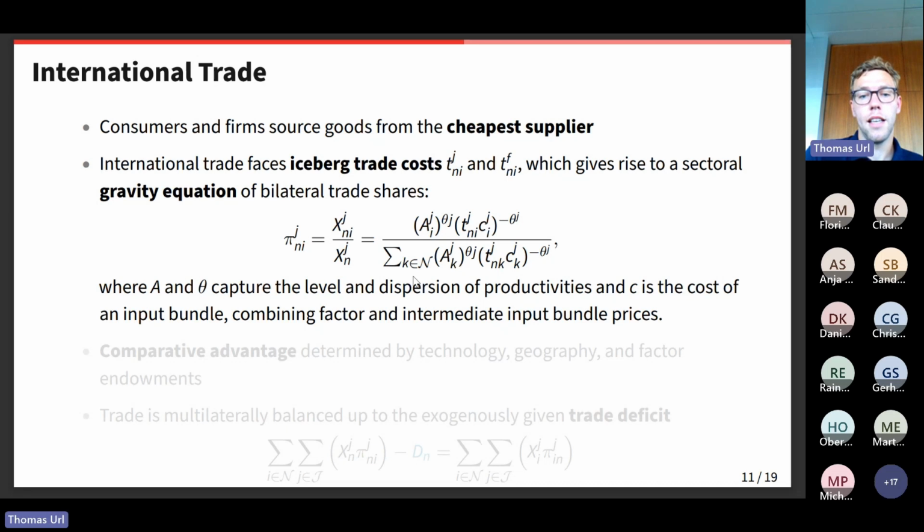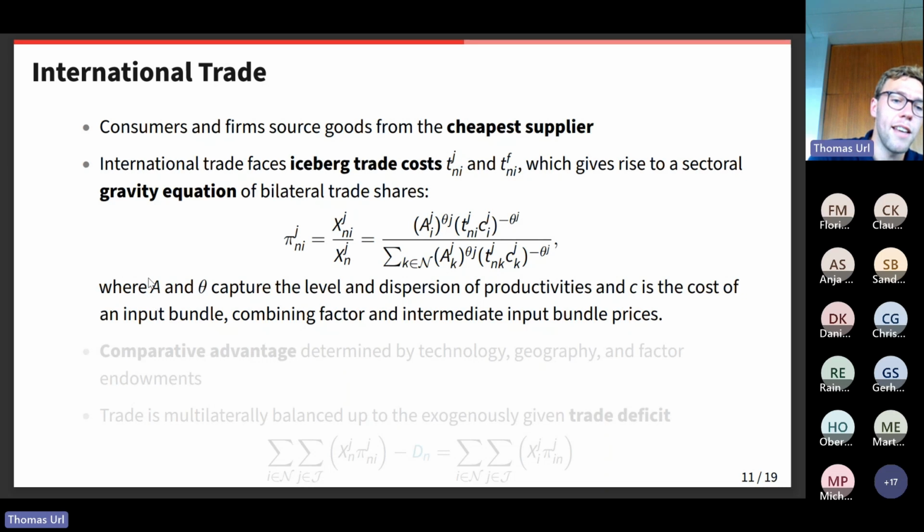And this depends on a productivity draw of the Fréchet distribution, and the productivity distribution is influenced by capital A and theta, which captures the level of dispersion of productivities.